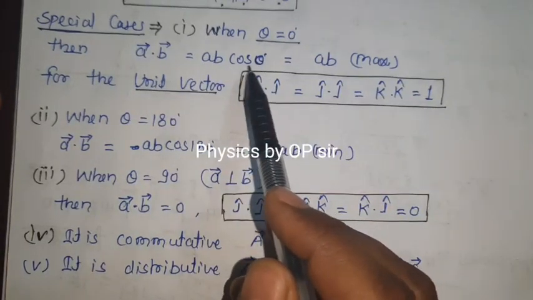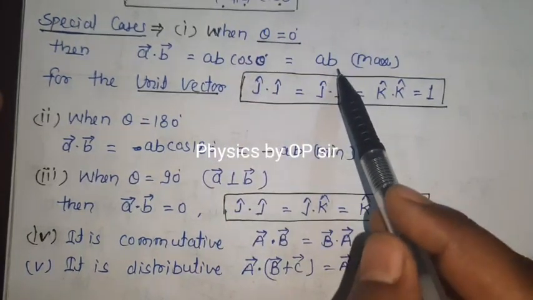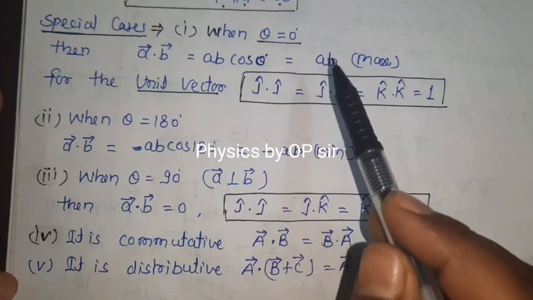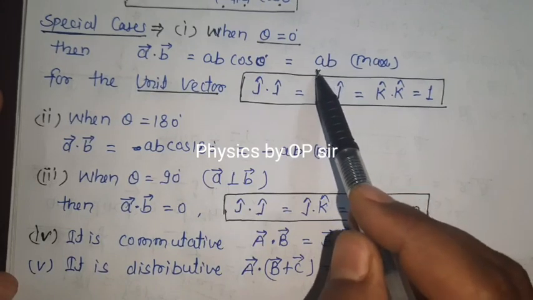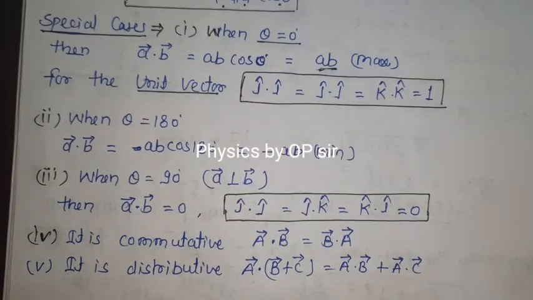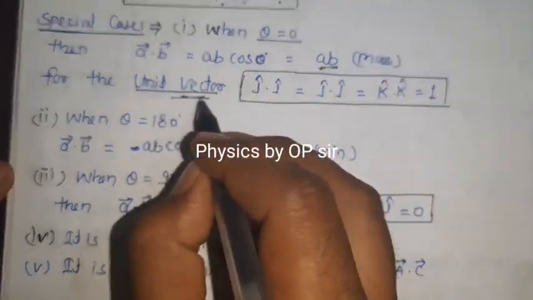The value of cos 0 is 1, so it is AB, the product of the magnitude of A and the magnitude of B, and this is the maximum value. So the maximum value of the dot product comes when the angle between the vectors is theta equal to 0 degree.